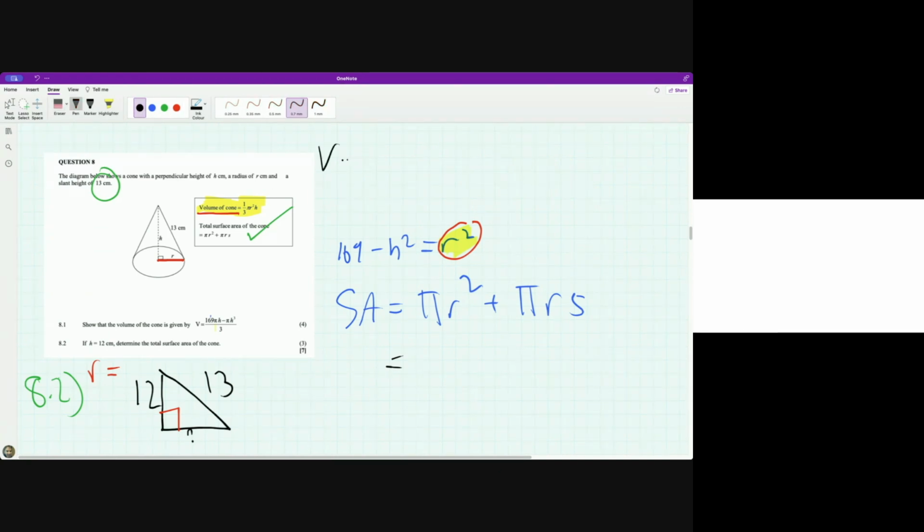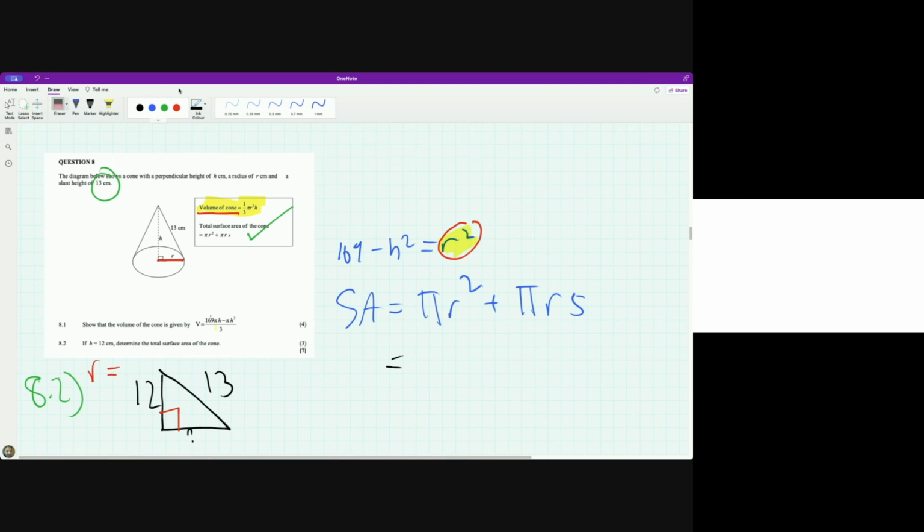In the volume formula, there is already an h. But then we put 169 minus h squared in there already, and so that's why we get more h's. Okay.